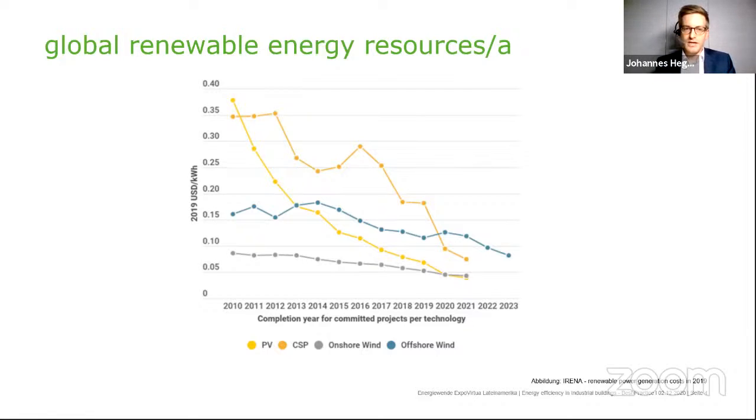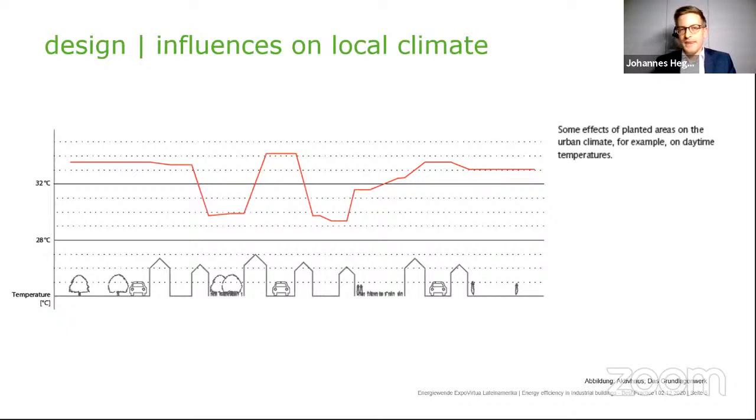So nowadays, we can get solar for under 5 cents per kilowatt hour, and the trend is decreasing. The same is true for battery storage. So more and more of the normal projects are getting PV and even battery storage.